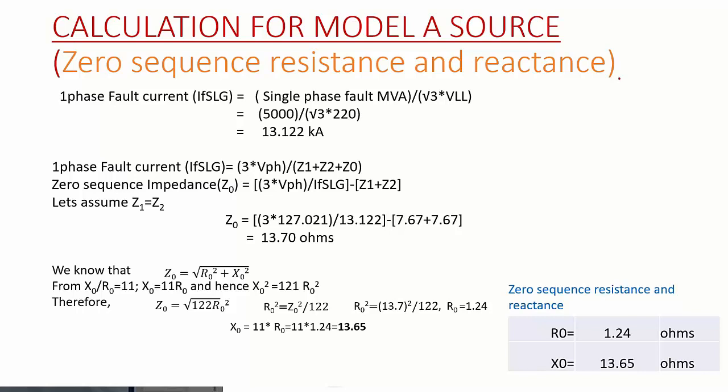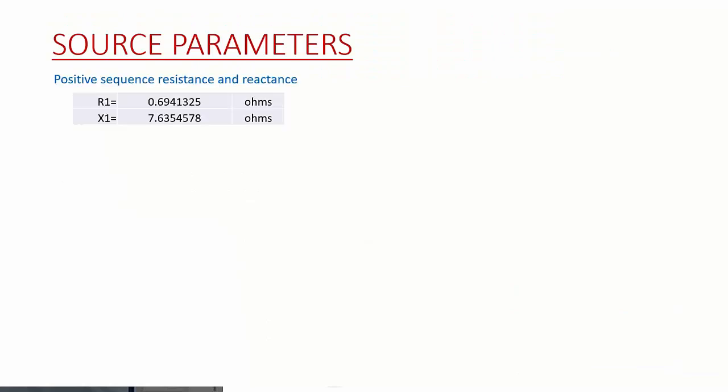So once we have computed positive sequence impedance and zero sequence impedance, in fact positive sequence impedance is the same as negative sequence impedance, we can simply model a source. So this is the positive sequence resistance and reactance we have computed, and the same may be calculated in terms of different units, since different softwares use different units.